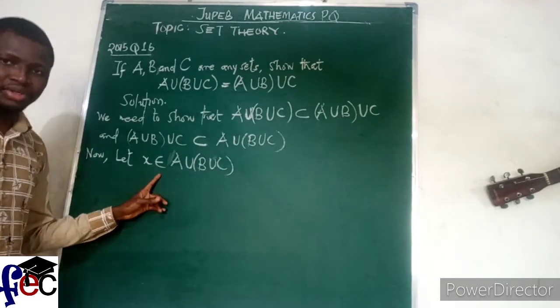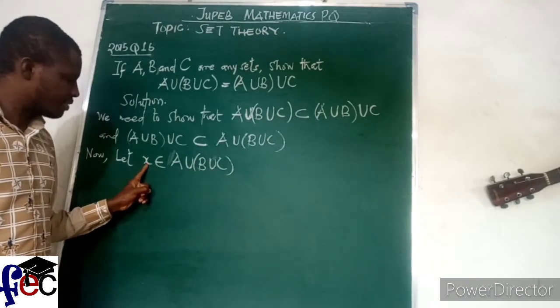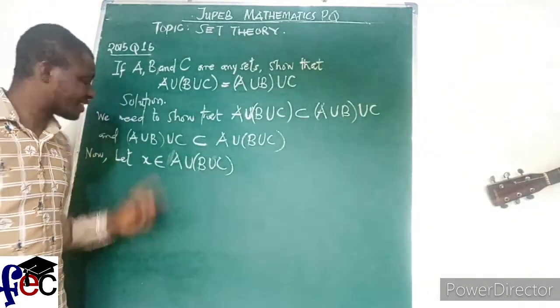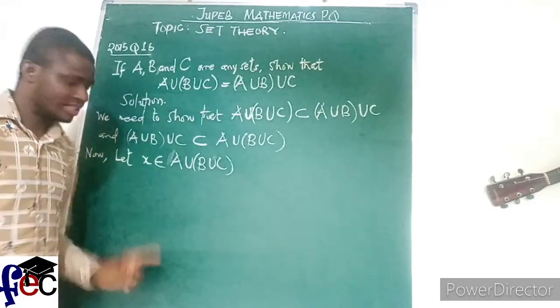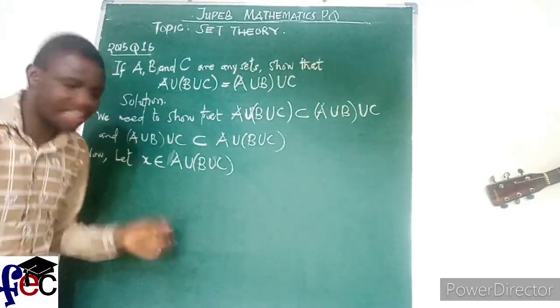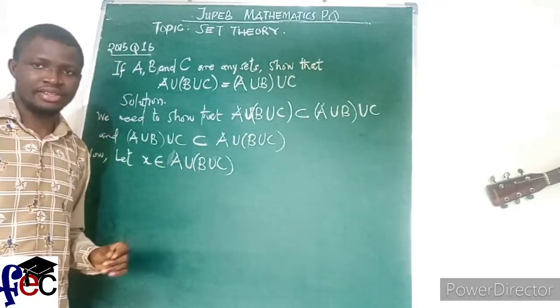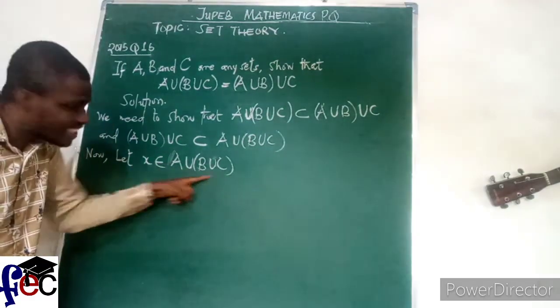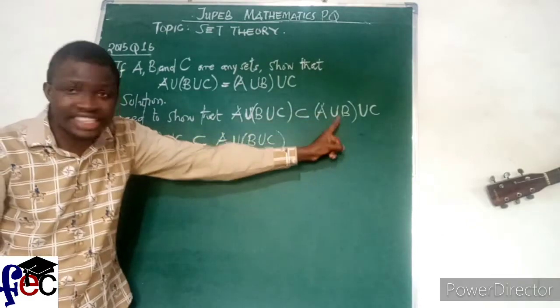Do you see it now? I have picked an arbitrary element x to be a member of this. It's not saying x is one element. It's saying x is any element of this particular set. I must show that this element that is inside this set must be inside this.